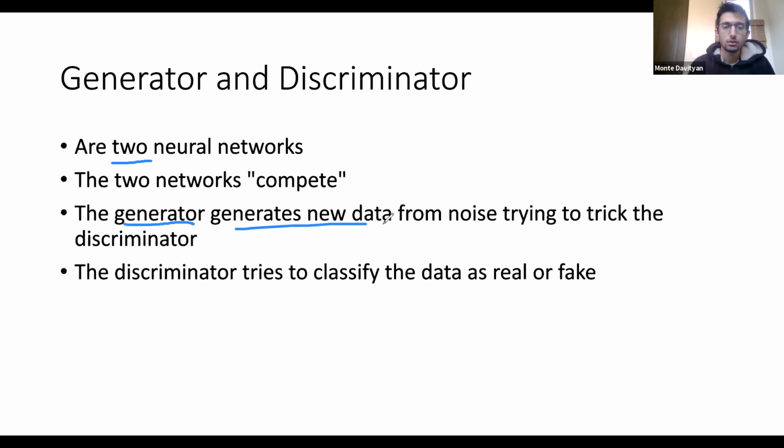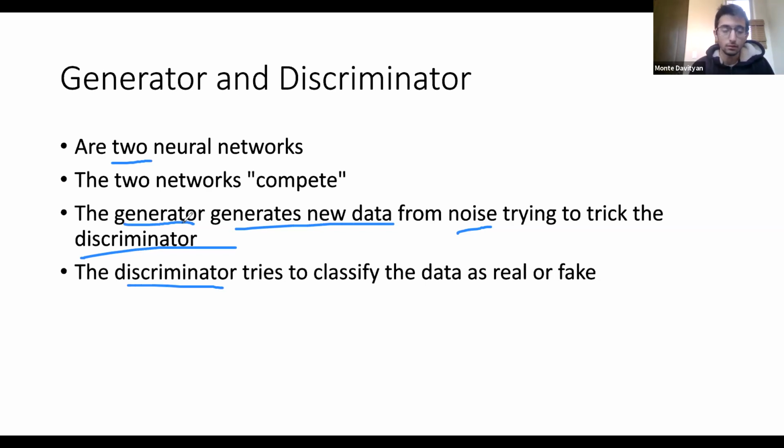And this generates new data. It does this from noise, but its goal is to trick the discriminator. The discriminator is the other neural network, the second neural network. The generator is trying to generate new data, sort of self-explanatory.